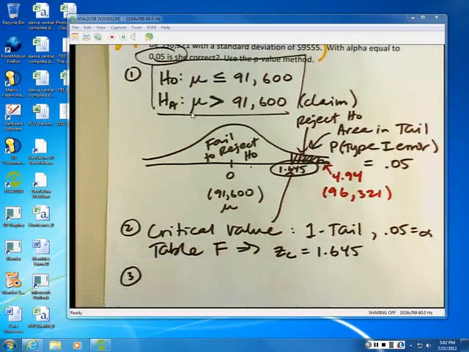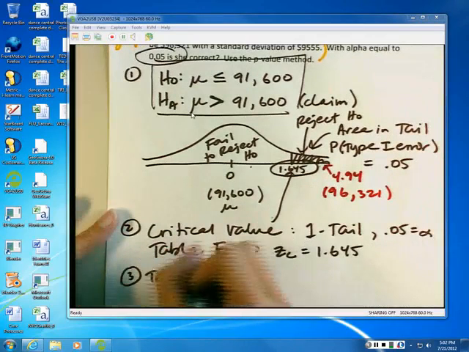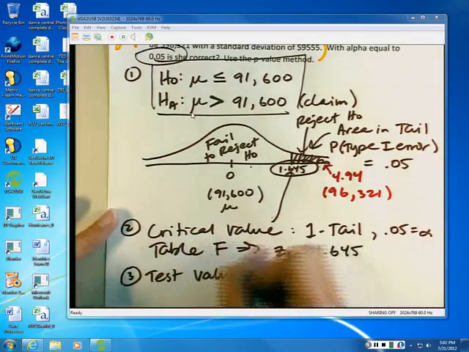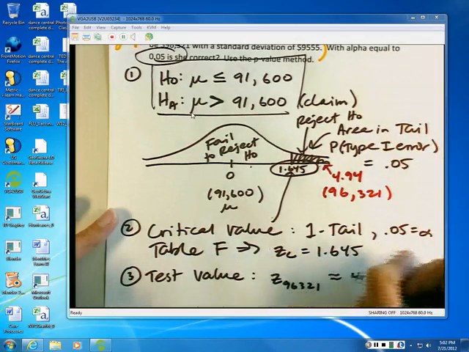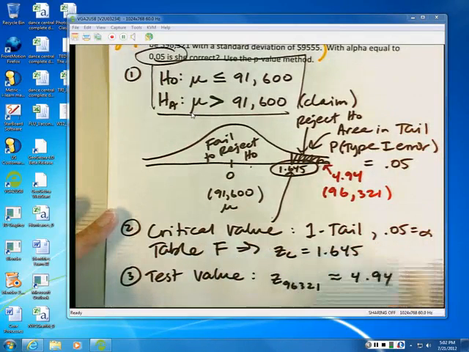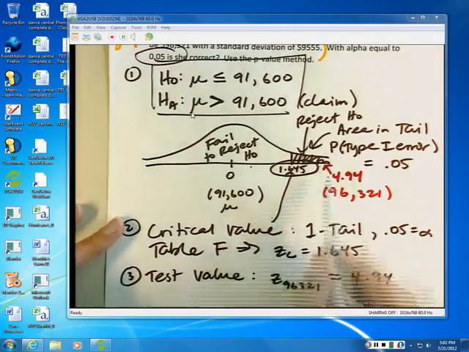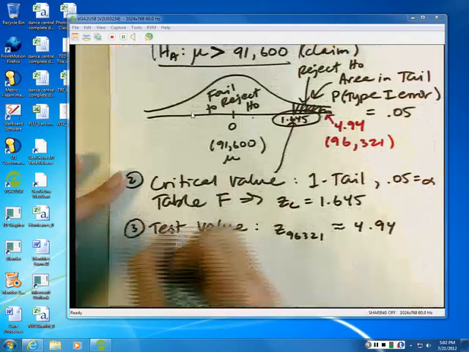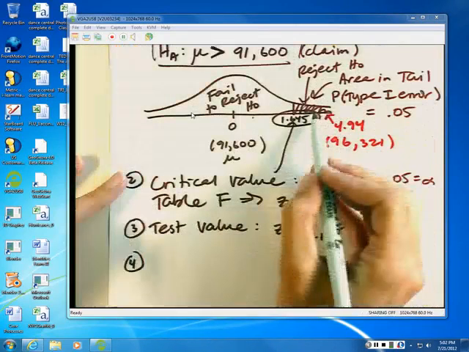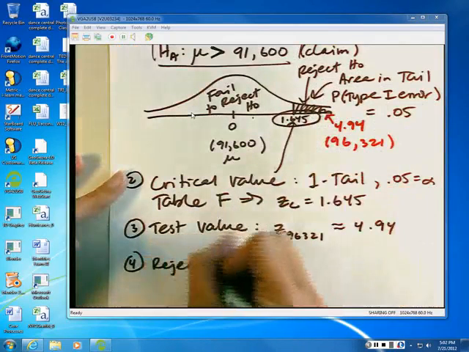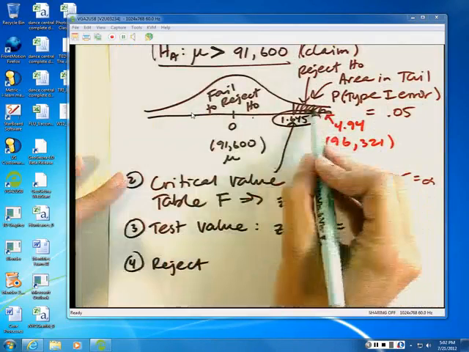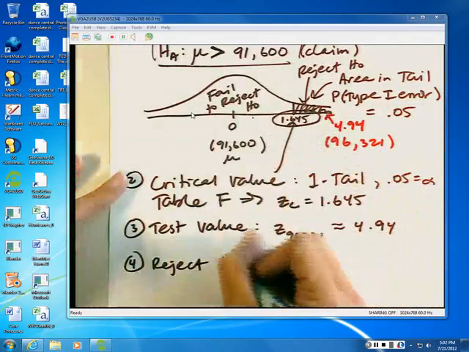With the calculator, I found the test value, which is the z-score for 96,321, to be 4.94, which lands me in the rejection region. So step number 4, which means I'm significantly bigger. Step number 4 is to reject. I land here, so I reject. If I land here, I fail to reject. Reject the null hypothesis.